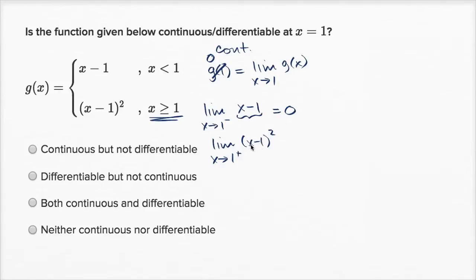So we could just pop the 1 in there, and you get 1 minus 1 squared, which is just 0 again. So the left-hand limit and the right-hand limit both equal 0, which means that the limit of g of x as x approaches 1 is equal to 0, the same thing as g of 1. So we are good with continuity, and we can rule out all the choices that say it's not continuous. So we can rule out that one, and we can rule out that one right over there.